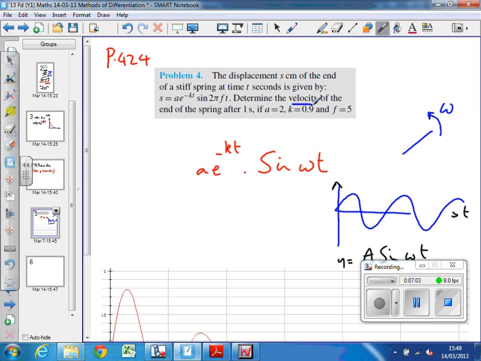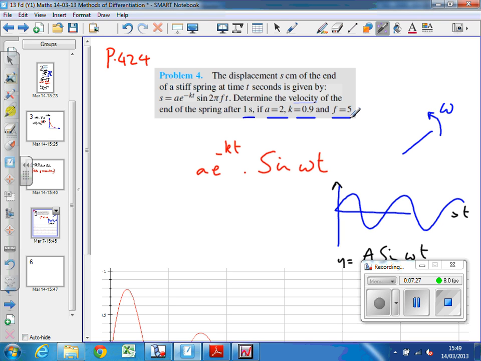So if you've got some sort of question to do with displacement and time, and you want the velocity, differentiate. Okay? So I've got to take this function and differentiate it, and then find the value of that differential, which is the velocity after 1 second, if I'm given these values for the constants.